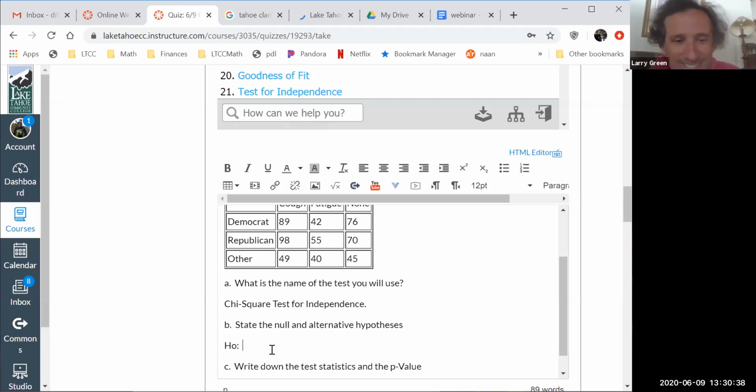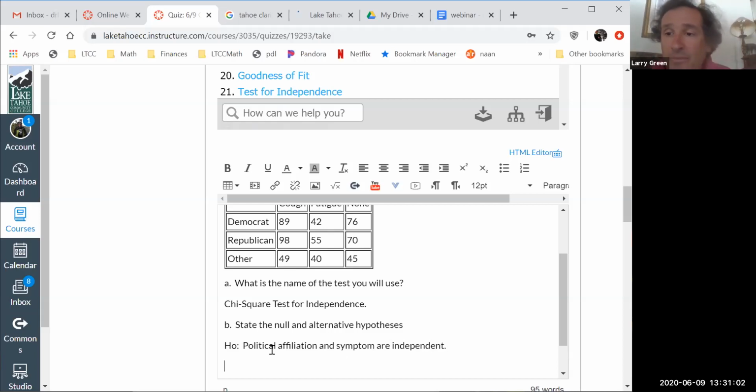Yeah, independent. So that's just something to note: for the null hypothesis, we're going to say that political affiliation and symptom are independent. Any questions on H naught?